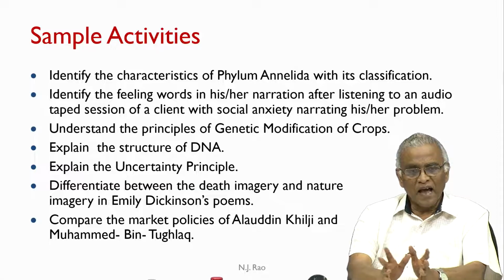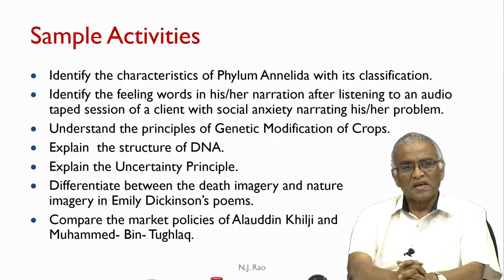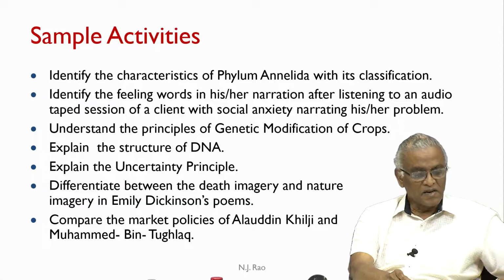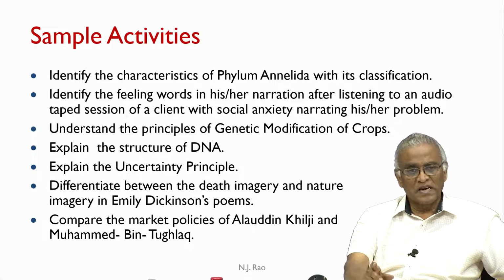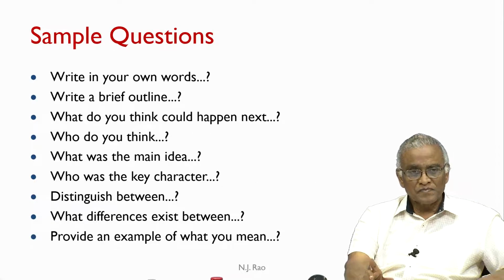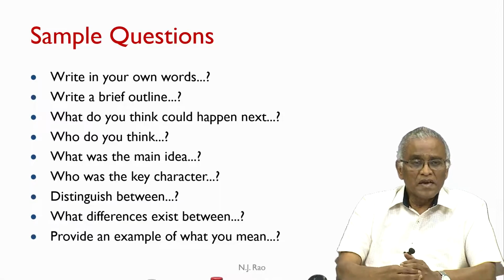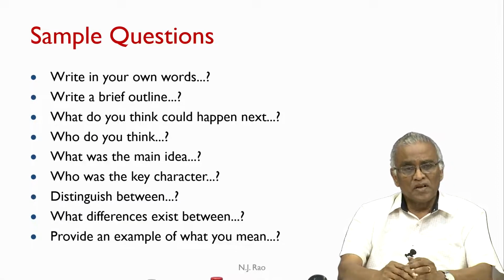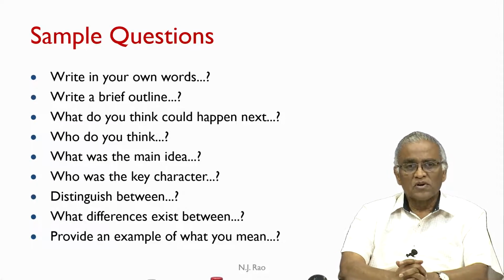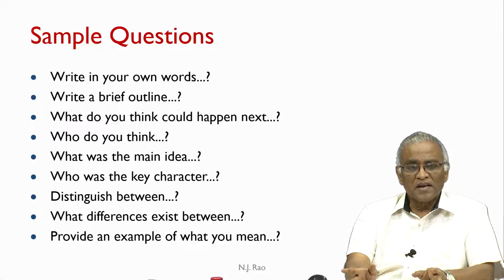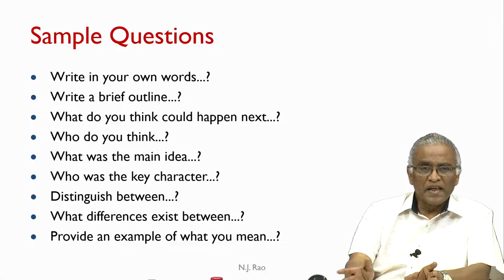These are activities that are taken from different subjects that one is likely to come across in undergraduate general programs. Of course, one can add an endless number of such activities. Now, again, for sample questions, we will give you stems and you can fill in that. Write in your own words, write a brief outline. What do you think could happen next?